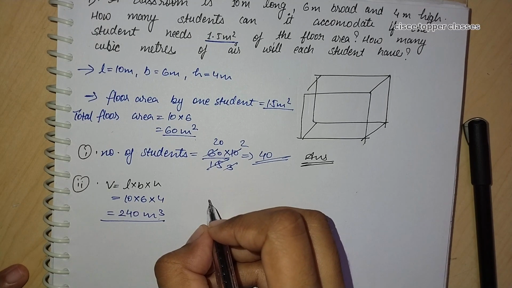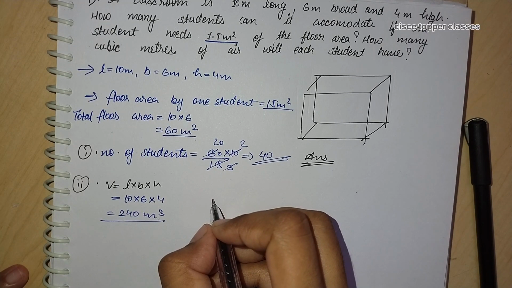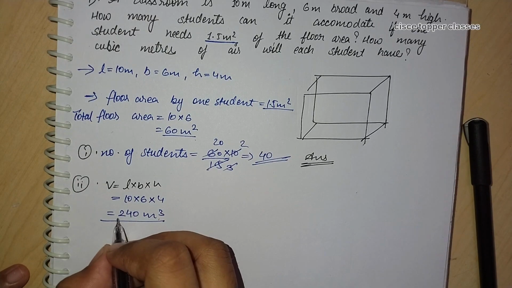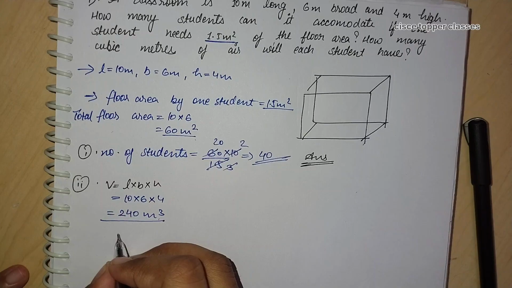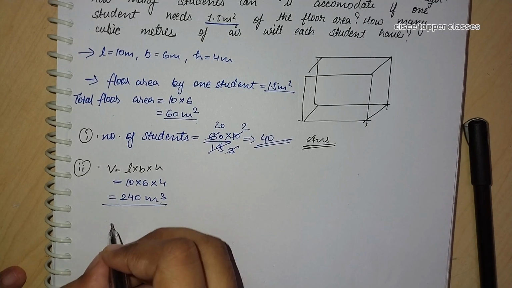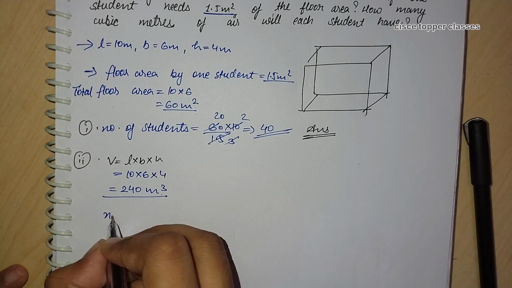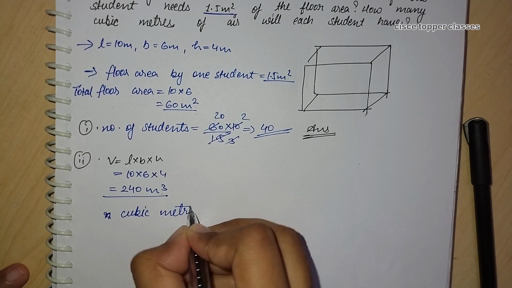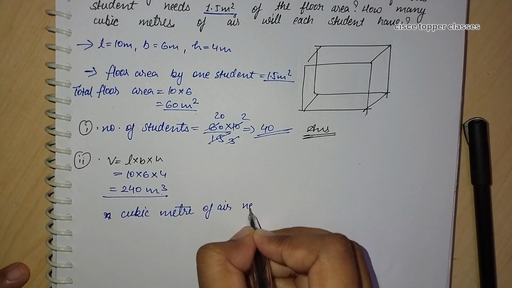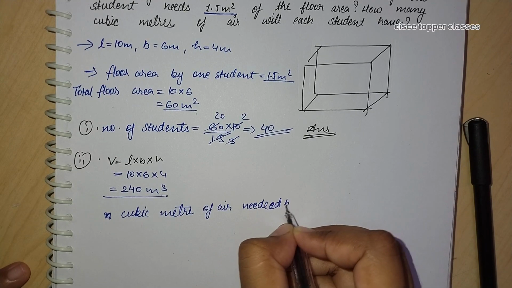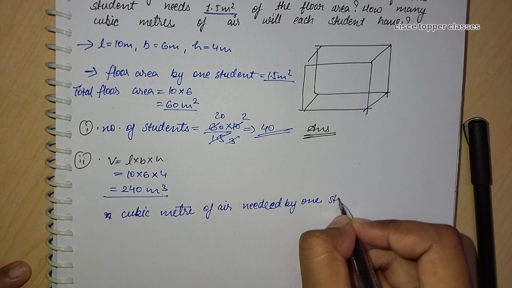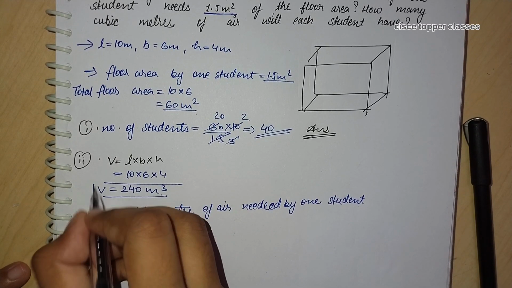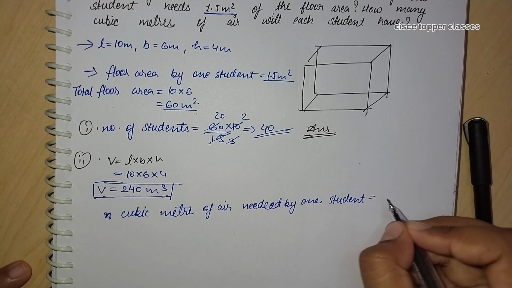Now if you want to find how many cubic meters of air will each student have, we will divide this by the number of students, so we will get cubic meters of air which each student has. So if we want to find the air needed by one student, we will divide this total volume by the number of students.